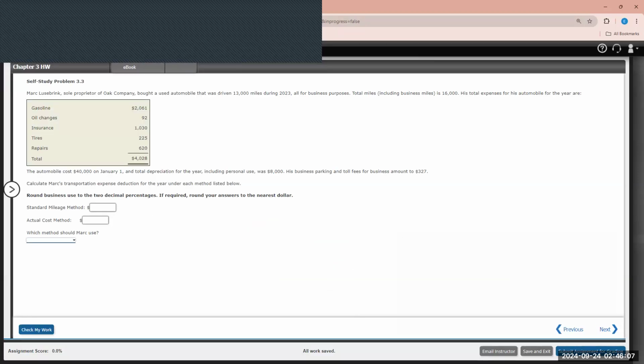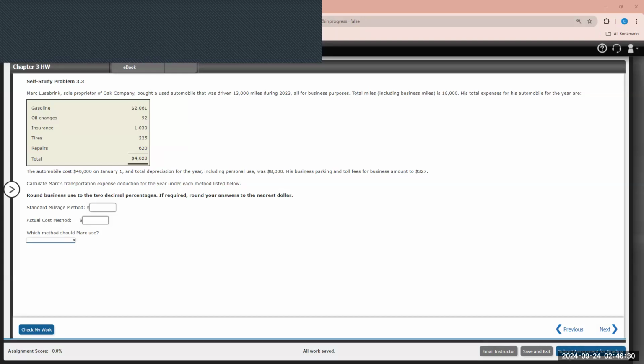Next, this brings us to a question about determining what we just discussed, standard mileage method or the actual cost method. So when an individual has a car, a vehicle that they utilize for business purposes, certain transportation expenses are deductible by taxpayers. So there's two options.